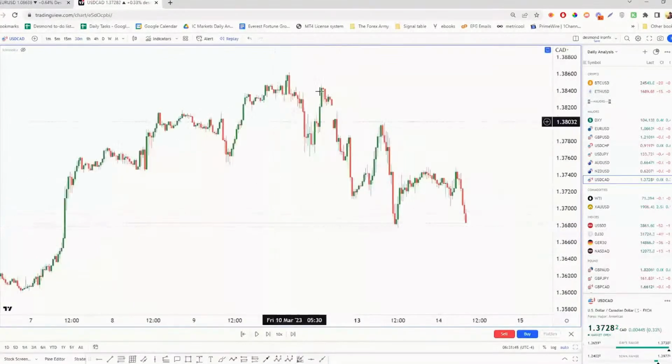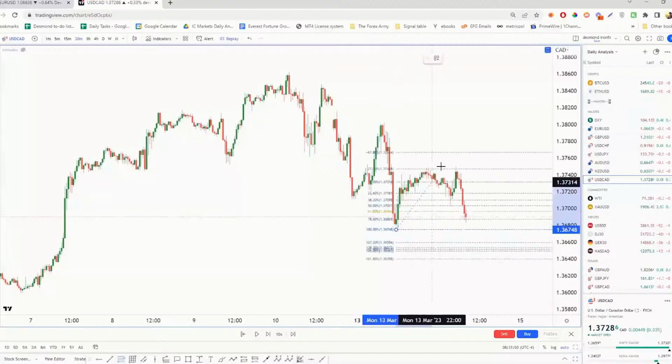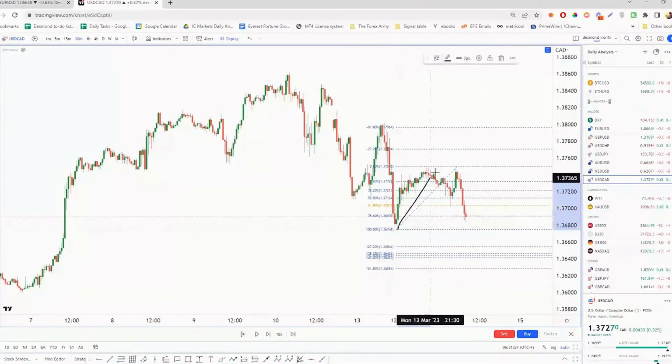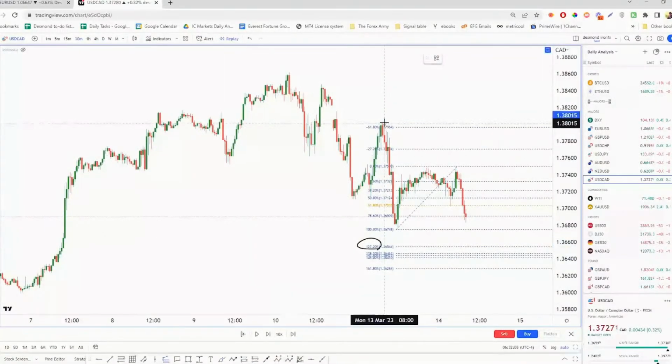In this example, we can see that price is starting to create a nice little ladder V. As you can see over here, it's starting to rise up nicely and it's starting to reverse. We look at the 127% extension over here and we're like, okay, looks interesting. I then do a Fibonacci projection with this as the top, the middle, the ending point.